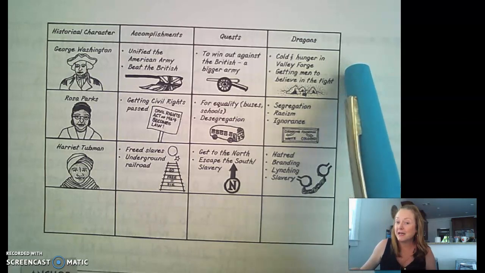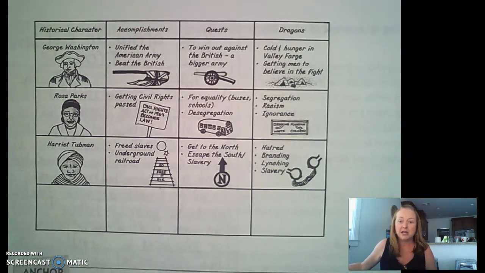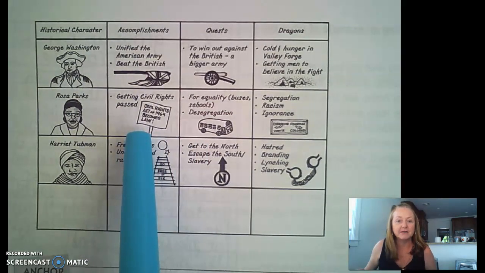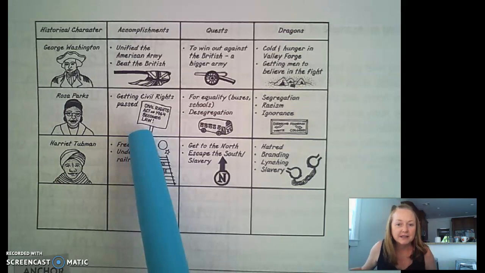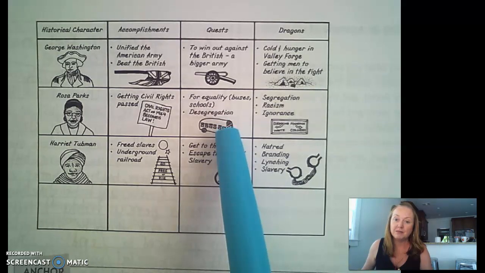I think maybe you're getting the idea of the lesson now. Let's move on to Rosa Parks. You probably already know what her dragon was. Let's look at her accomplishments. Getting civil rights passed. The Civil Rights Act of 1964 becomes a law. What was her quest? Equality. On the buses and the schools where there was segregation and people were separated based on the color of their skin.